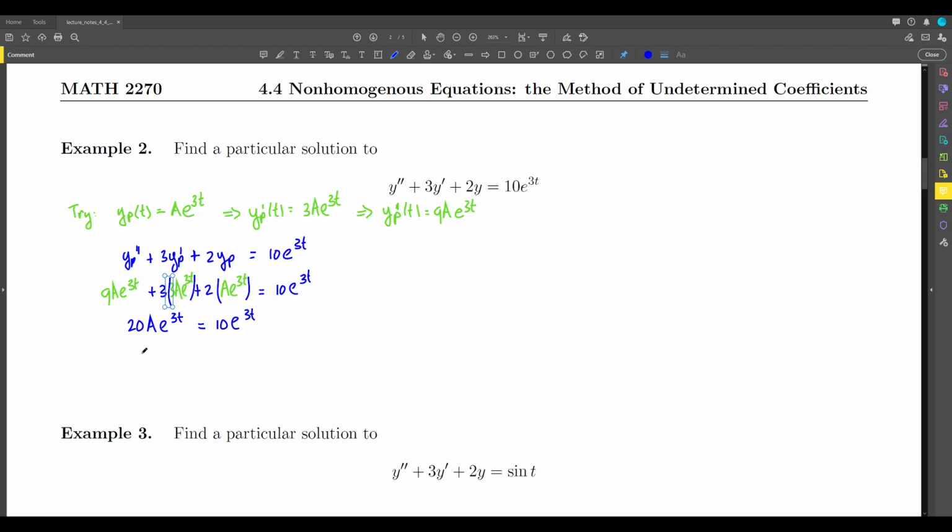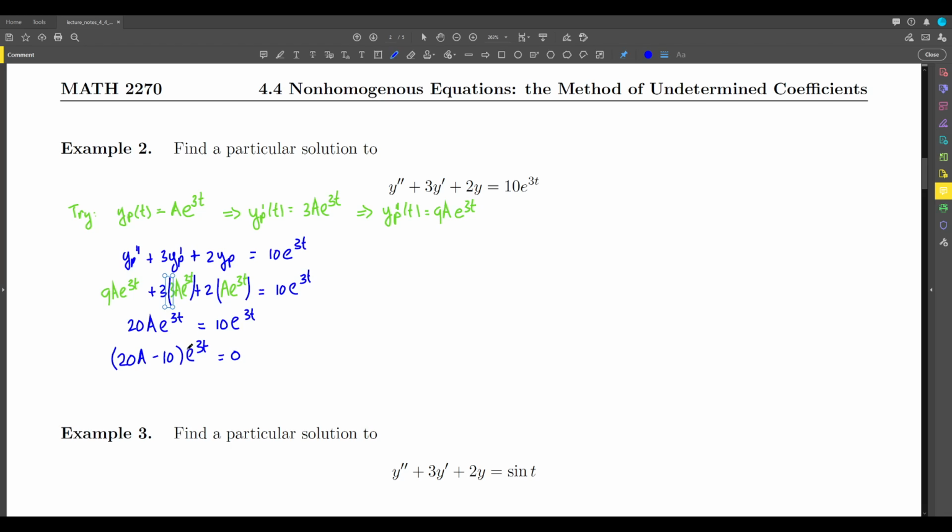Bring that to the other side, and we see that we get 20a minus 10 times e to the power 3t. That has to be 0 for any t.